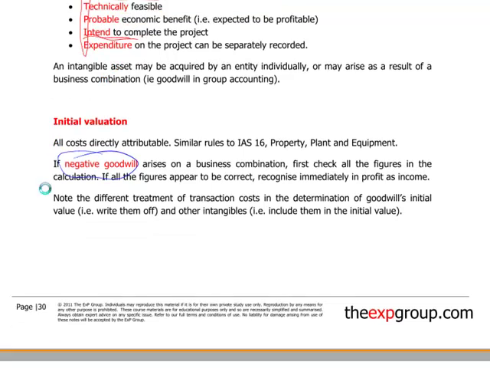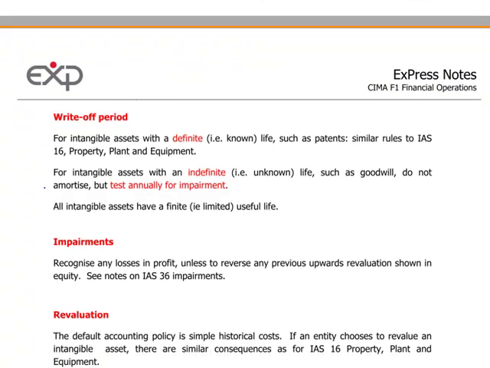What else do we have? Well, now you can maybe remember, if you had a chance to recap IAS 16 for tangible non-current assets, see what's different. For the write-off periods, for intangible assets with a definite life, remember patents was one of the examples I mentioned. It's very similar to IAS 16, isn't it, in terms of write-off.